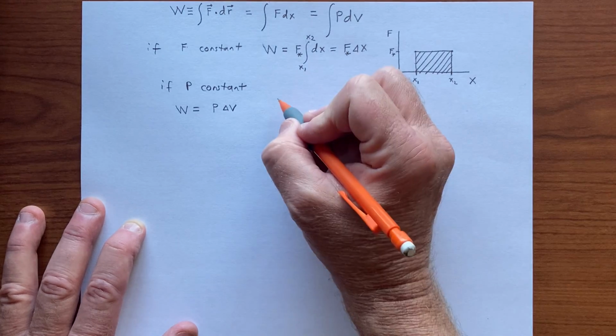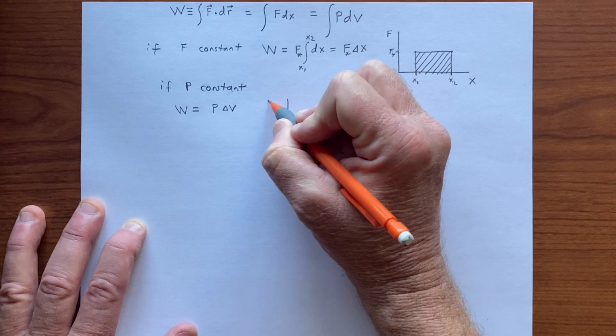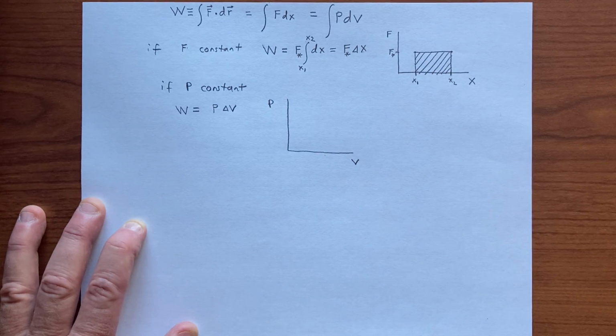And so it's just the area under the curve in a diagram that looks like this, but for pressure and volume.